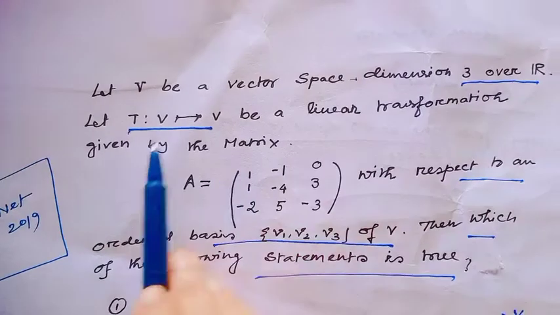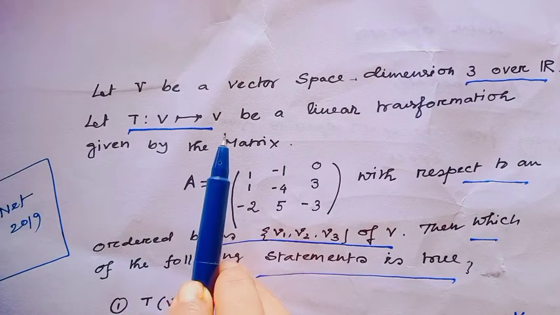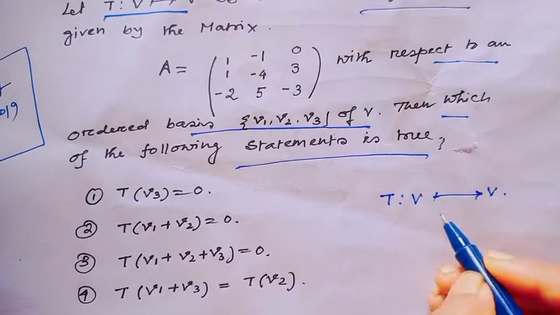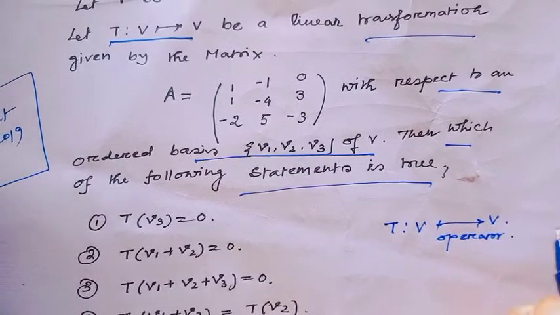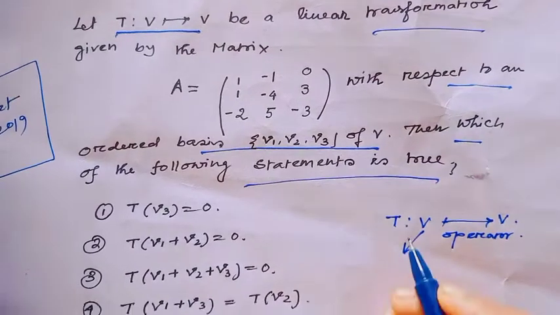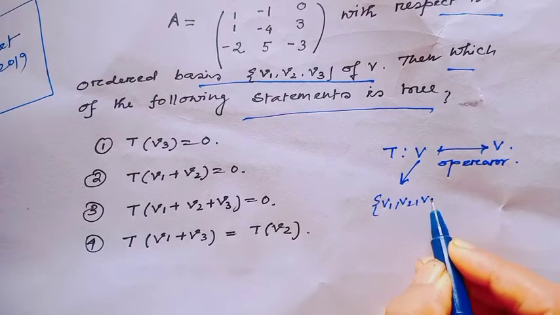Here notice, since T is a mapping from V to V itself, obviously this linear transformation is an operator. And the ordered basis of V is v1, v2 and v3.